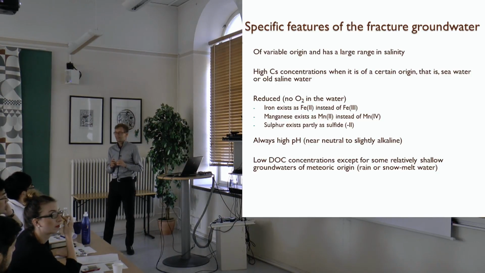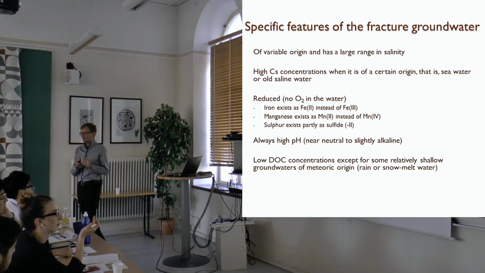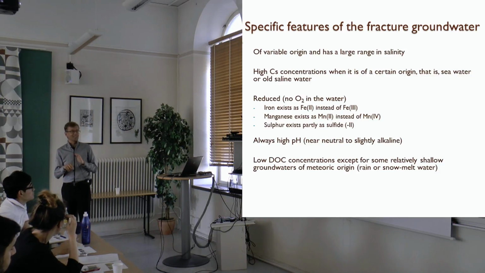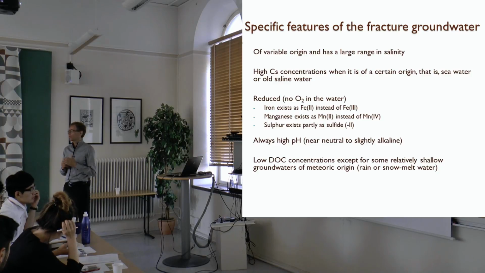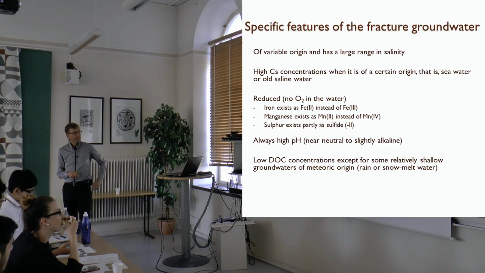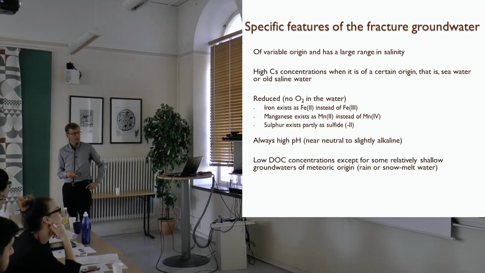And the first one, which makes it very different to surface waters, is that it's reduced, which means that there is no or very little dissolved free oxygen in the water. This means that iron exists as 2+ instead of 3+, manganese as 2+ instead of 4+, and sulfur exists partly as sulfides.